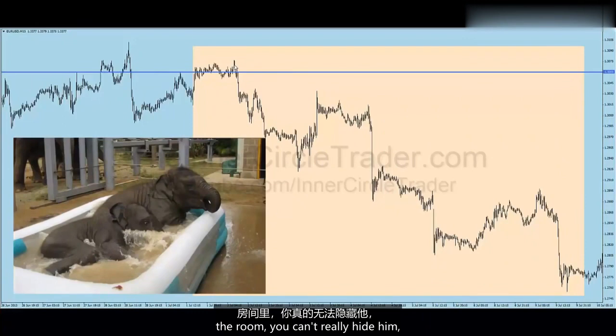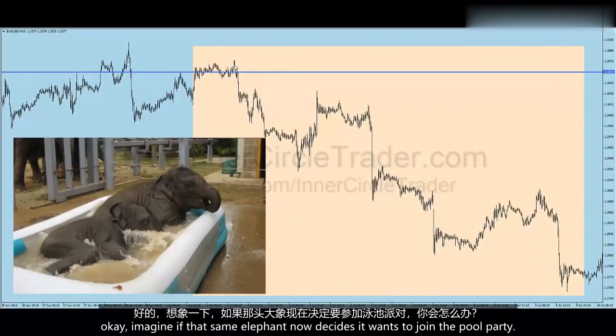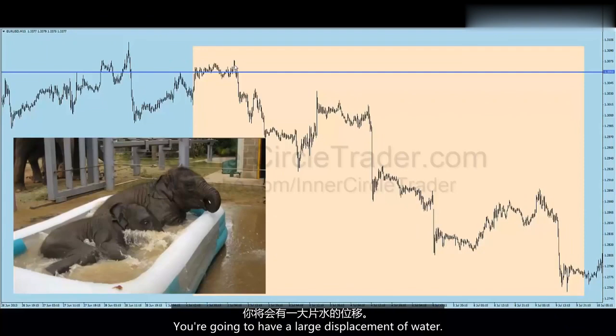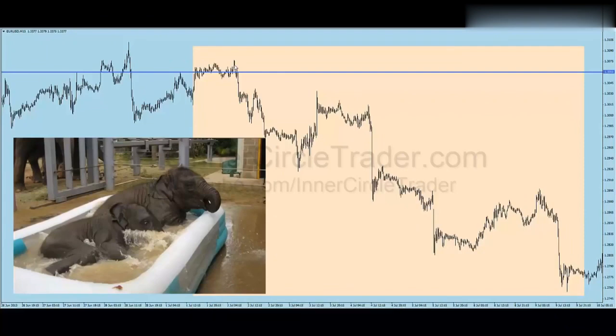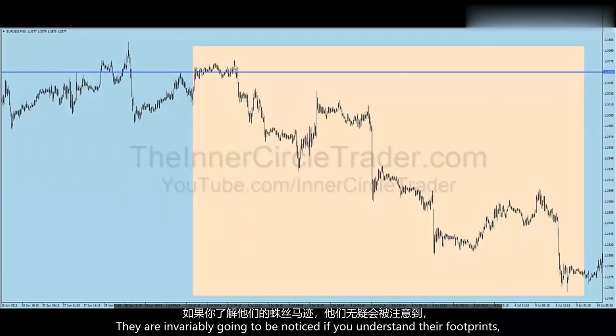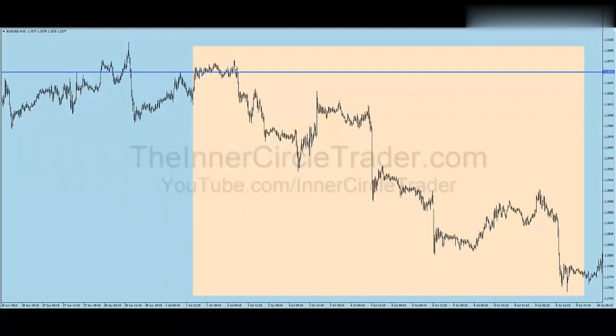You can't really hide him. He's standing right there in front of you. Imagine if that same elephant now decides it wants to join the pool party. What are you going to have? You're going to have a large displacement of water. They cannot hide it, okay? They are invariably going to be noticed if you understand their footprints, okay?